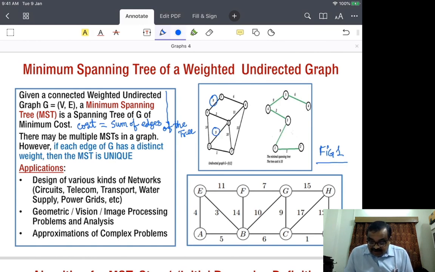But this spanning tree of cost 33 that is shown in this figure is a minimum cost spanning tree of the graph. The minimum cost spanning tree contains all the nodes of the graph, so it is a spanning tree. It contains exactly n-1 edges where there are n vertices of the graph, but the cost here, which is 33, is actually the minimum cost.